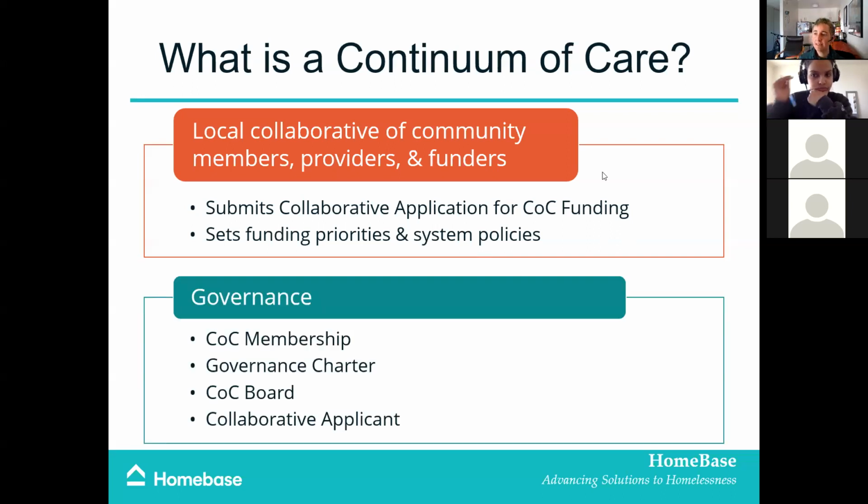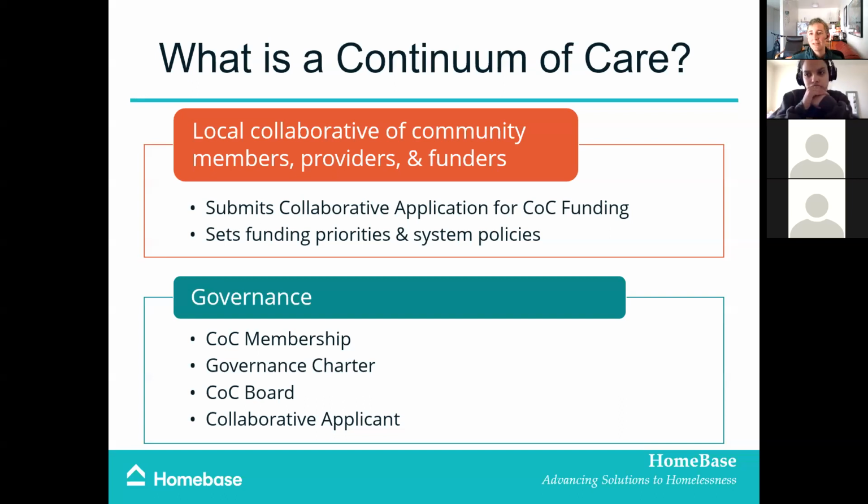Continuum of care is set up with a clear governance structure. So every COC has COC membership. In Santa Clara County Continuum of Care, membership is very open. There are very few, if any, actual responsibilities or requirements placed on members. And we want to make sure that the bar to being a member of the COC is very low.